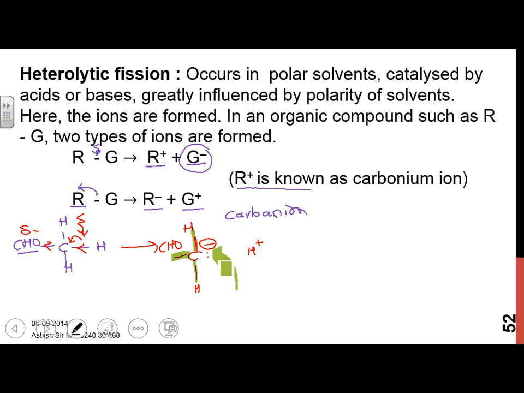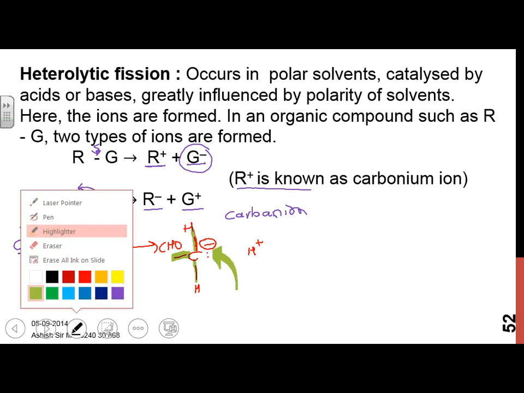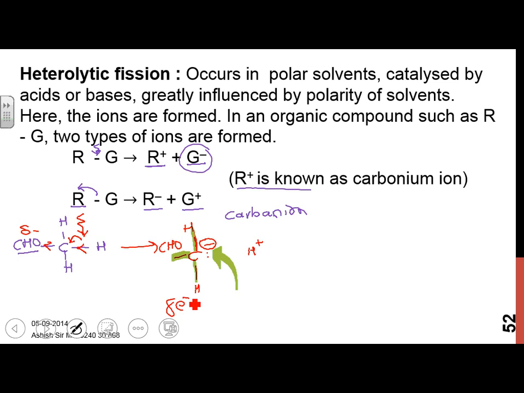In total it has 8 electrons: 3 into 2, 6 bonded electrons and 2 non-bonded electrons. Non-bonded electrons are also known as a lone pair of electrons.